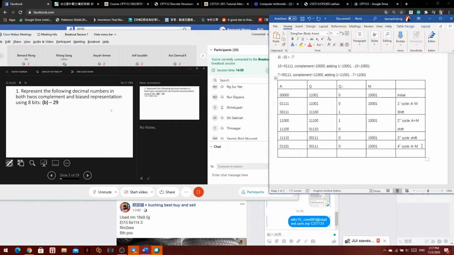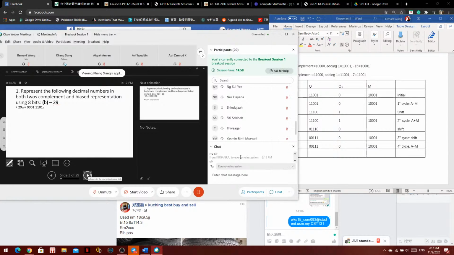So first thing, again, we take the 29 here and convert it into binary first. Then if it's a negative number, you want to convert it into a two's complement. Always remember two steps. One step is invert all the bits. Second step is plus 1.